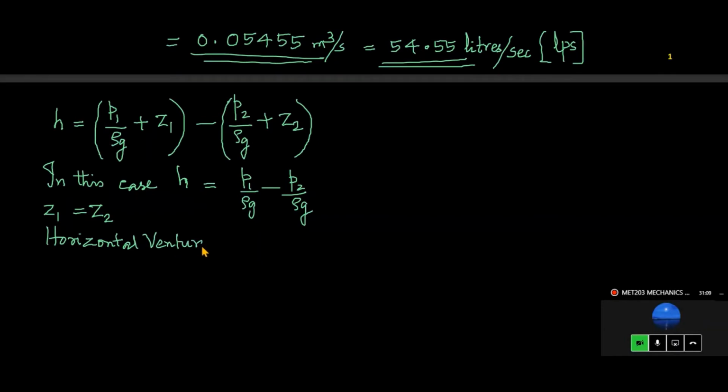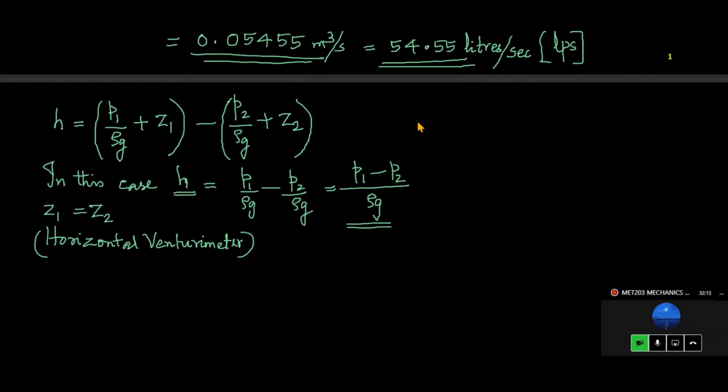Since it is a horizontal venturimeter, H is equal to P1 minus P2 divided by rho into g. But if it is inclined, then Z1 and Z2 will not be the same. So in that case, you will be using the first expression. See this one. I hope you can see the mouse now. The individual pressures or pressure difference in pressure intensities.